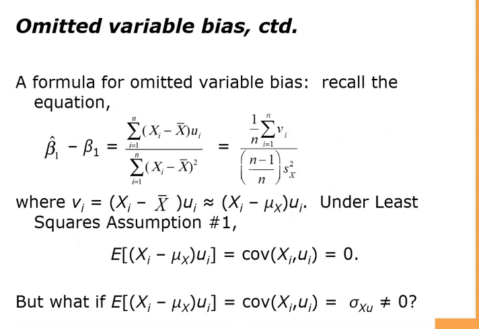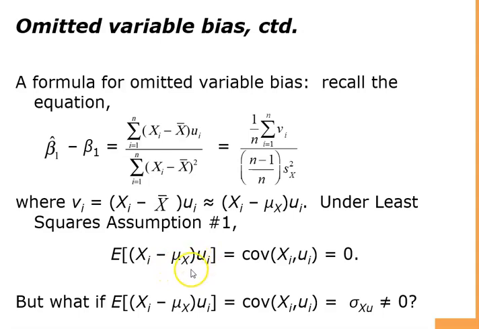We'll be looking at a formula for the omitted variable bias on this slide. So remember that beta 1 hat minus beta 1 can be written like this. Here we have x minus x bar, which is xi minus mu x, and ui.